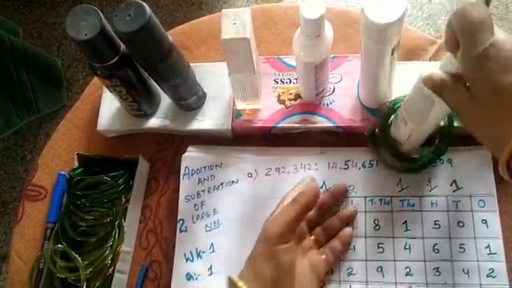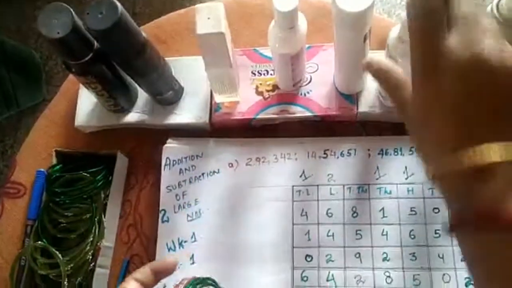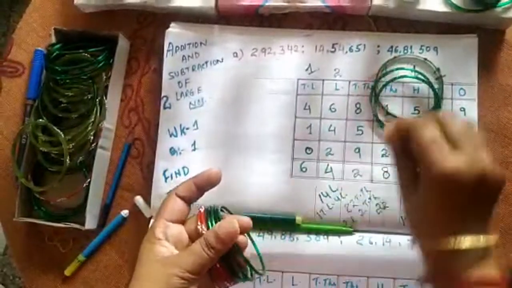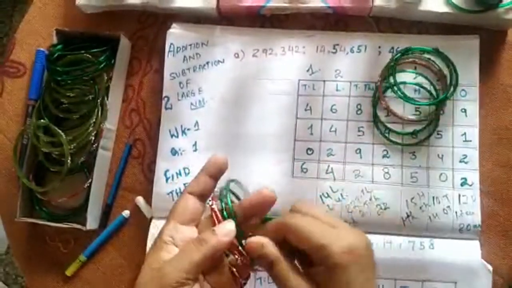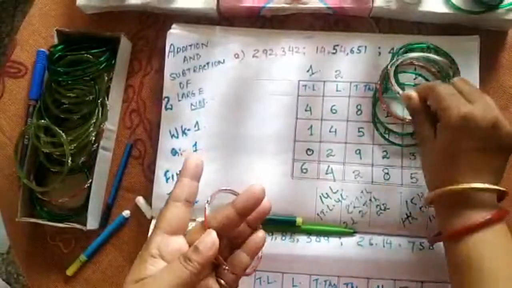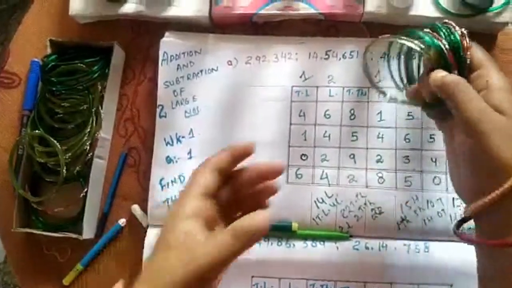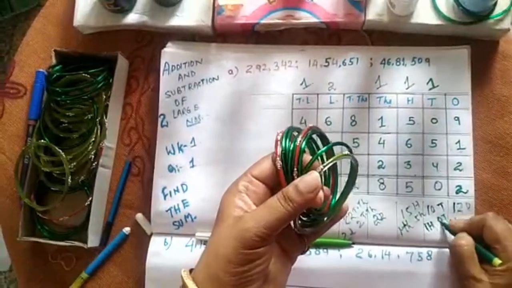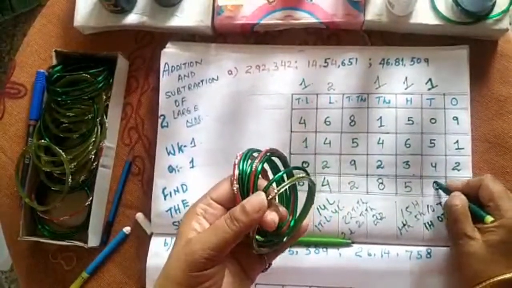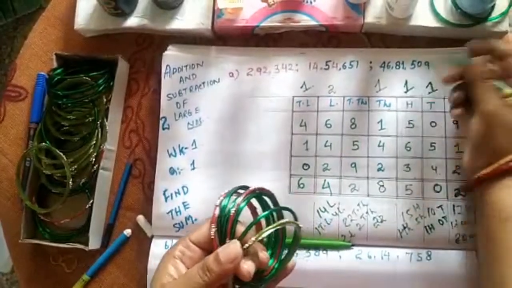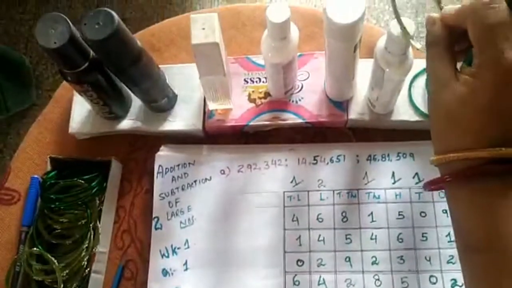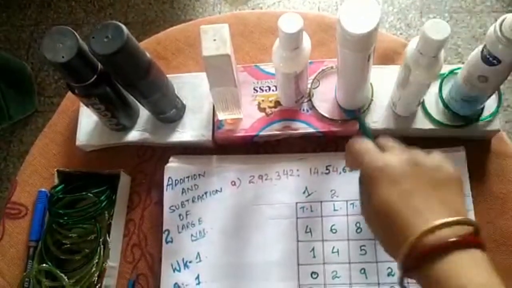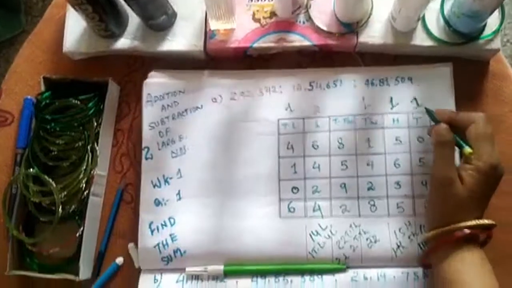Adding together, how many bangles are there? 1, 2, 3, 4, 5, 6, 7, 8, 9, 10. Again it is a 2-digit number. 10 tens means 100 and 0 tens. So 0 will be at the tens place and 100 will be taken as a carryover. Now come to the hundreds place.